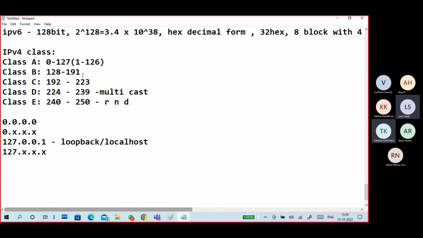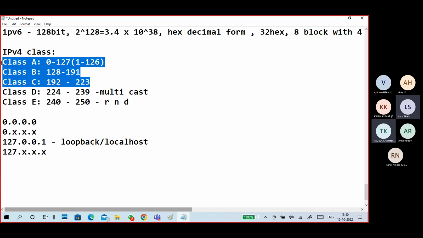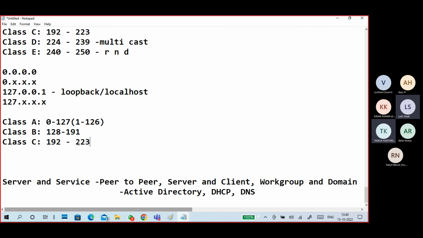These three are important. Only these are unicast addresses: Class A, Class B, Class C. So it is network and host.